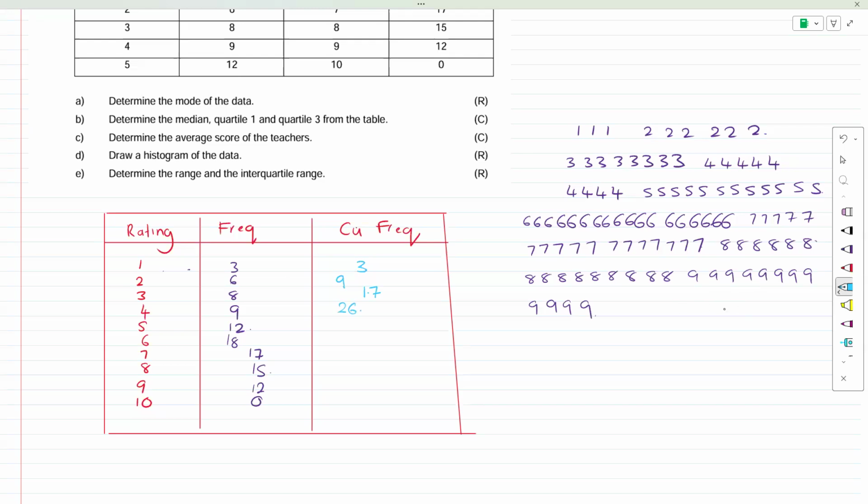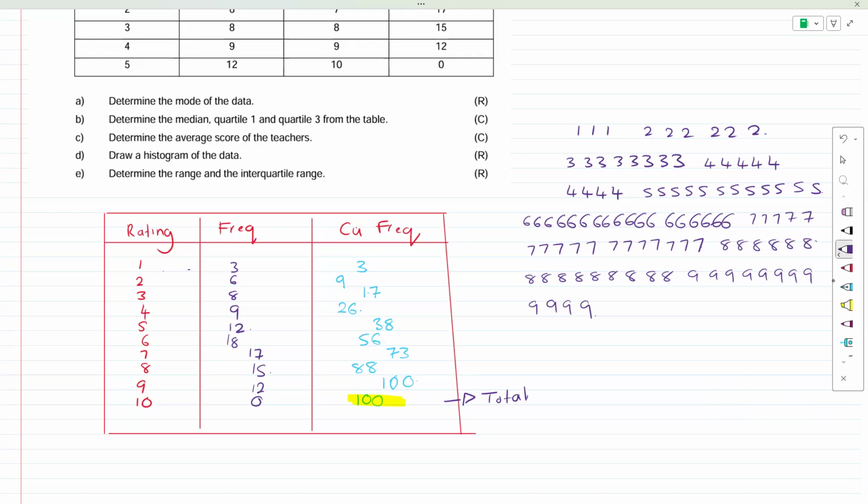Guys, I'm just alternating because it makes it easier for me to write. 26 plus 12 is 38. 38 plus 18 should be 56. 56 plus 17 should be 73. 73 plus 15 is 88. 88 plus 12 should be 100, and 100 plus 0 should be 100. Now, the one rule about cumulative frequency is the last number is always the total. So we know they interviewed 100 people.